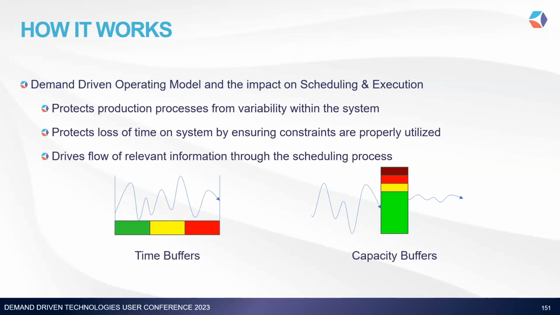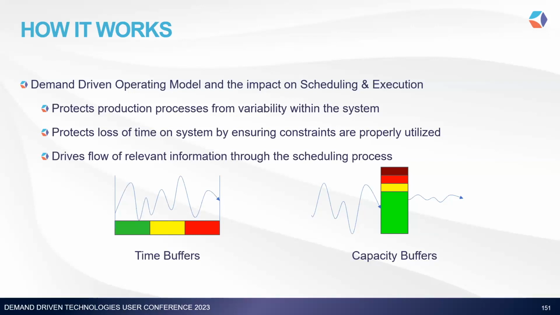We're protecting against loss of time by ensuring constraints are properly utilized, and we're driving the flow of relevant information throughout the entire scheduling process. We also have an ideology that we call capacity buffers. While it's not strictly a feature within the software, it is a mentality that we want to drive. KPIs are incredibly important, and driving the relevant KPIs is an incredible priority.